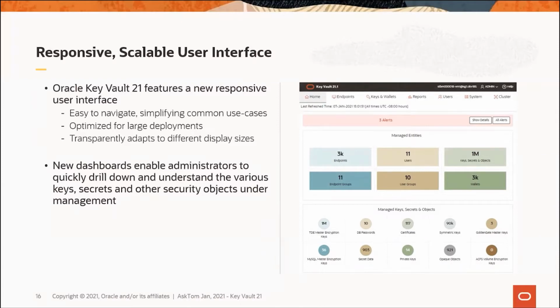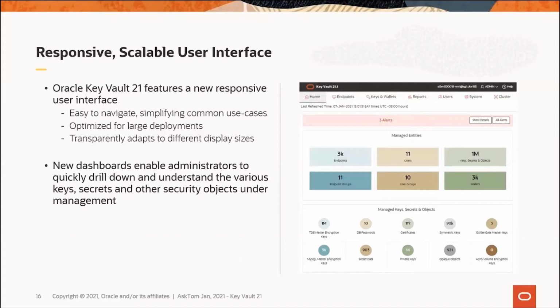So there's no longer the need to navigate via several pages and have them loading slowly. If you have thousands of keys, that may take a little while, or if you have lots of wallets, that also takes a moment. Those pages are loading really fast. So that's a huge improvement.